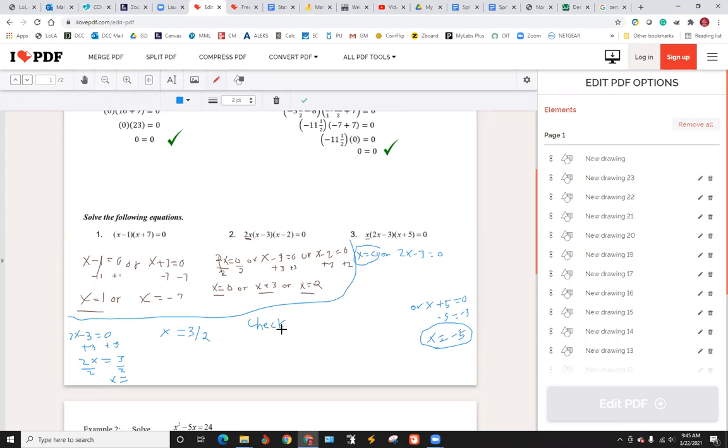Like I said, you don't always have the time to check, but I just like to stress that if you're able to check, especially when you're doing your homework, it really builds up your confidence because you know how often you make a mistake. Now just remember, this is 3/2, and this is 2/1.